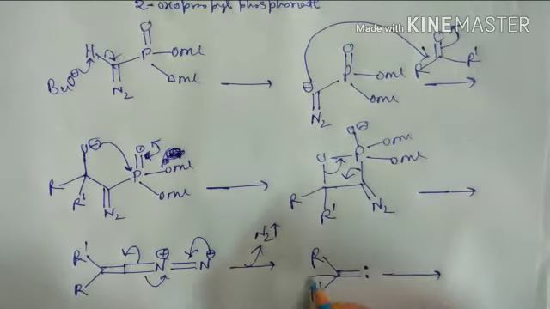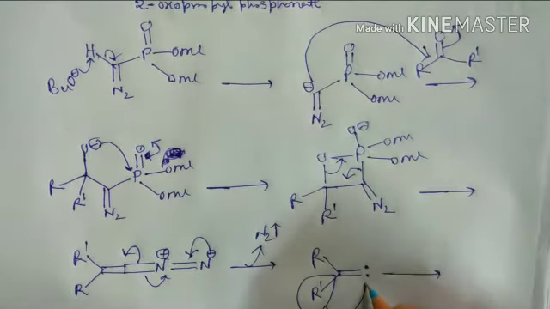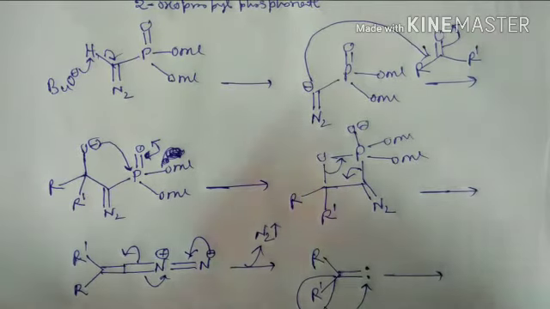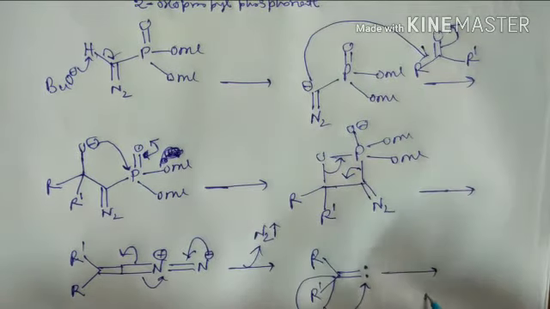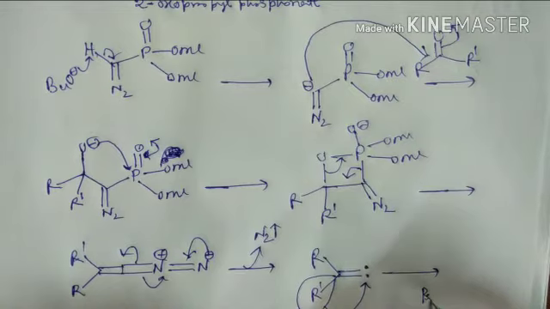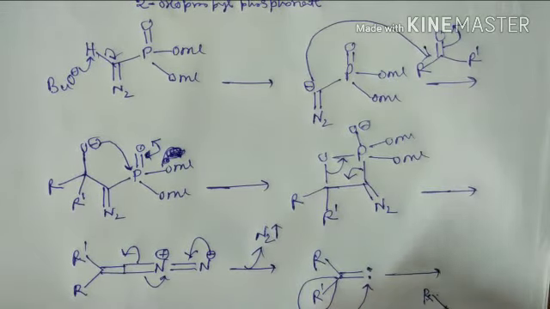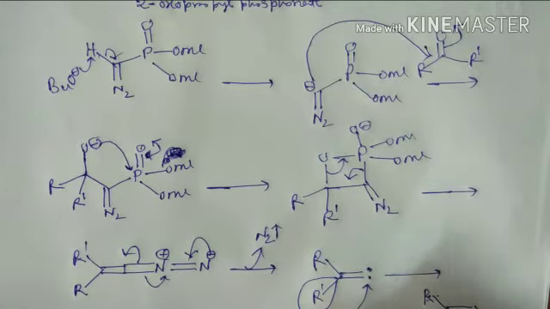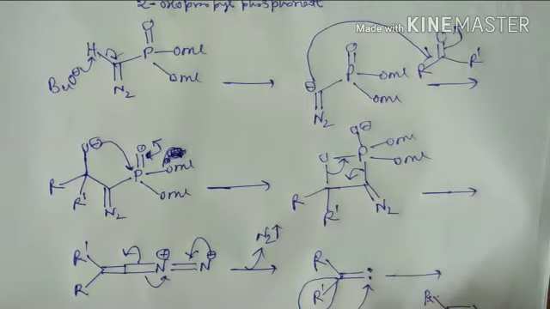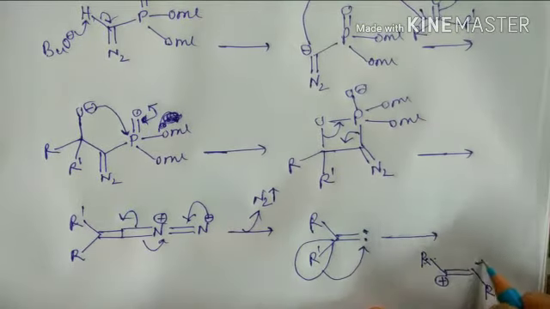Now any of these R groups can migrate here, so that will basically give you this, and if this group migrates, you will have this. Here you will have a positive charge and here you will have R dash. And here you will have a negative charge.